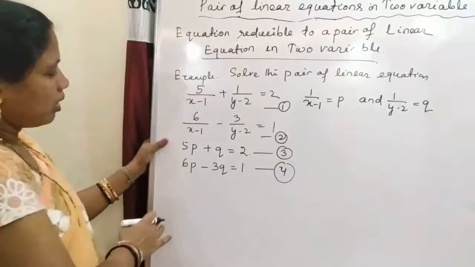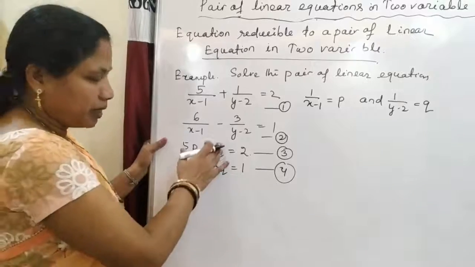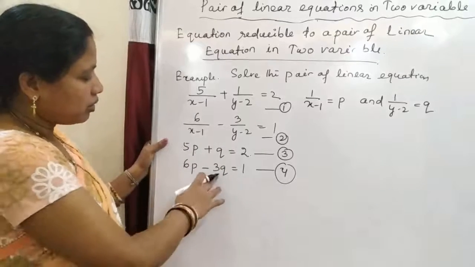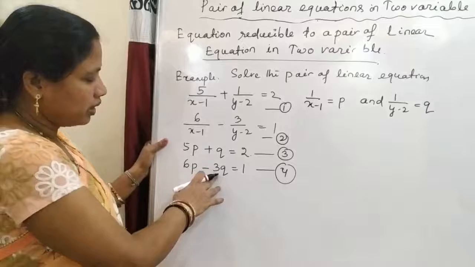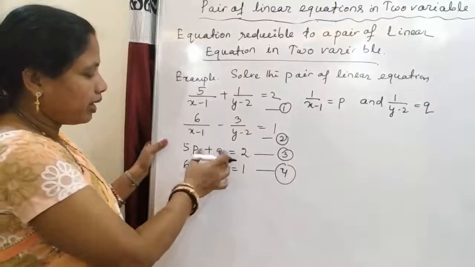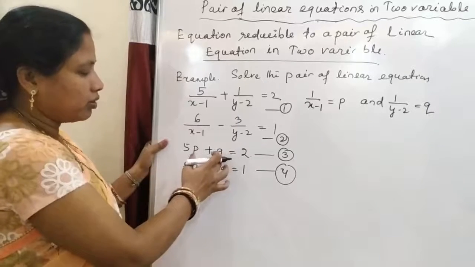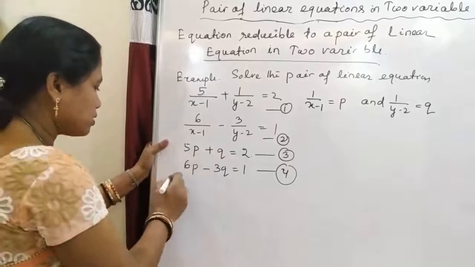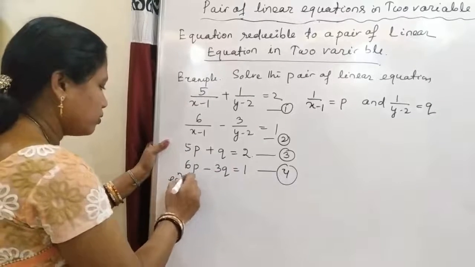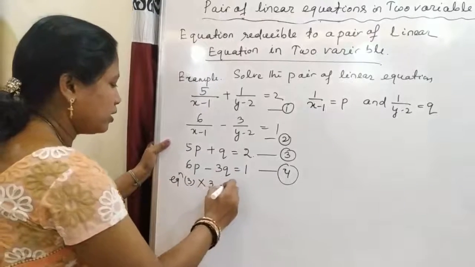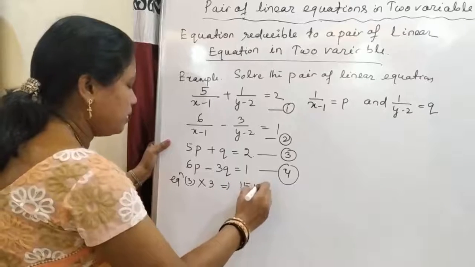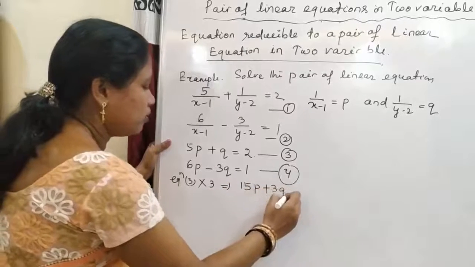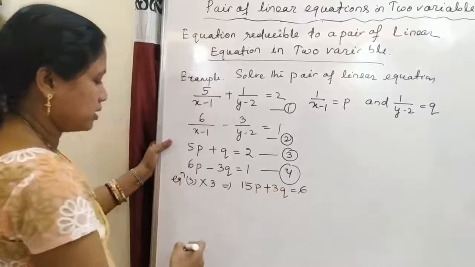So here I will apply the method of elimination. Here the coefficient of q is -3, so I shall multiply equation 3 by 3. Equation 3 multiplied with 3 becomes 15p + 3q = 6.